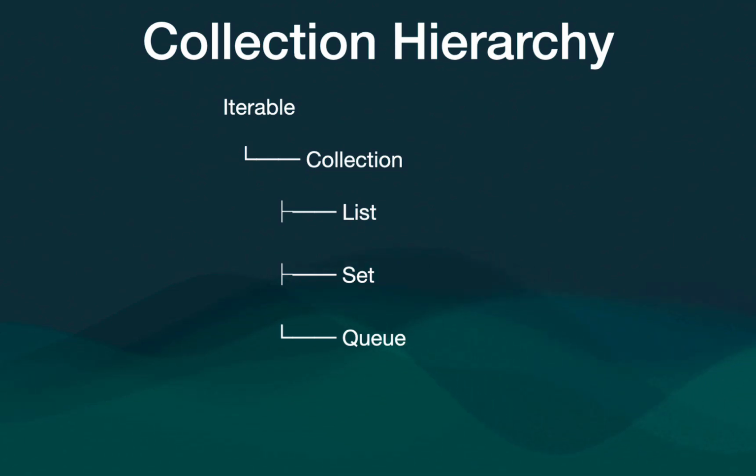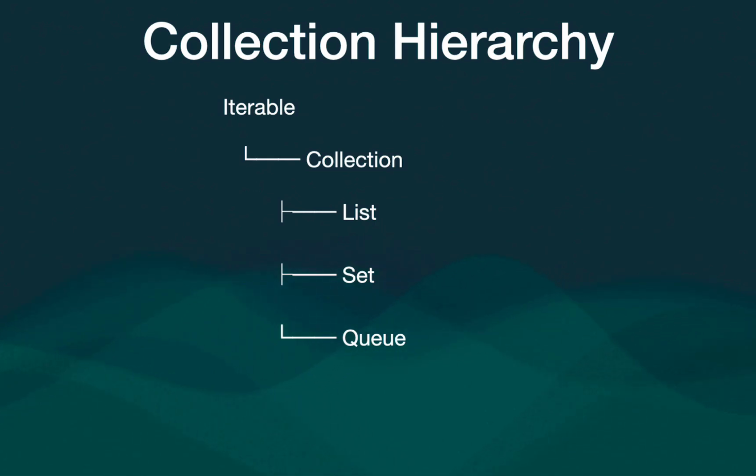Under Collection we have List, Set and Queue. These three are interfaces again. On the screen, everything you see is an interface. The List interface extends Collection, and Collection extends Iterable. Similarly, Set extends Collection, and Queue also.